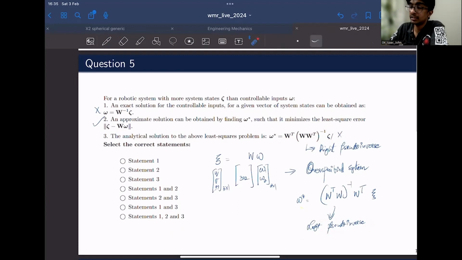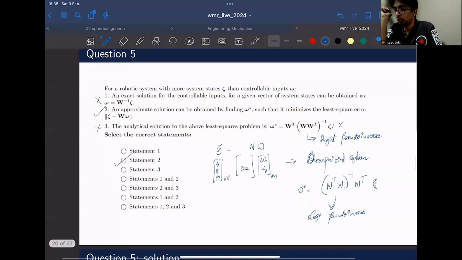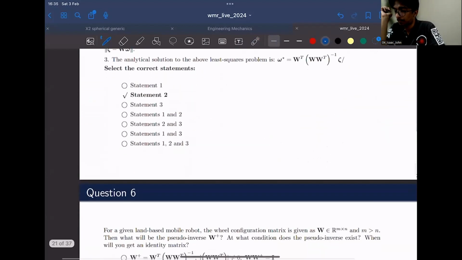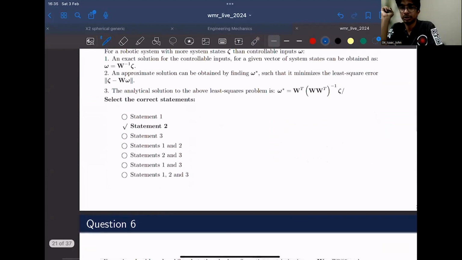The easiest thing is that the inverse is coming at the right extreme of this entire term, and here the inverse is coming at the left extreme of this entire term. So that's an easier way to remember which is the right pseudo inverse and which is the left. So statement 3 is also false. The only correct statement is statement 2, so the correct answer is option B. I hope that is clear enough. Yes, statement 2 is the correct option.